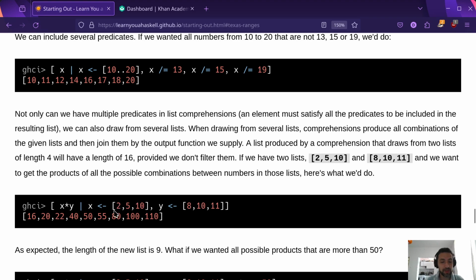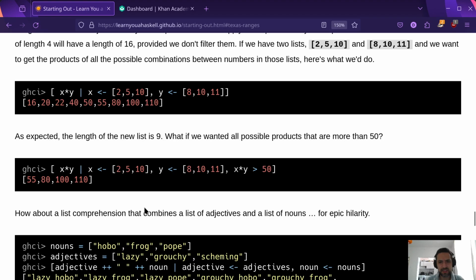I think this is something very elementary. You have a list of 2, 5, and 10, then a list of 8, 10, and 11. I guess everyone who knows a bit of Haskell is watching this, but I shouldn't assume things. I'll just go along.